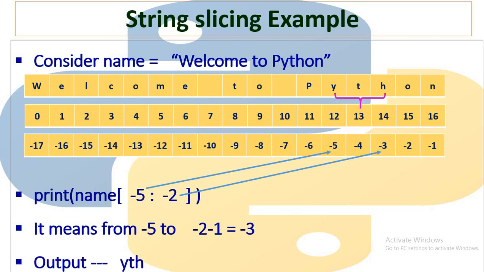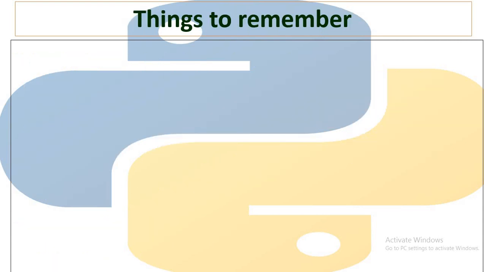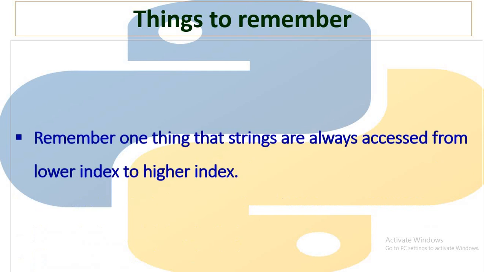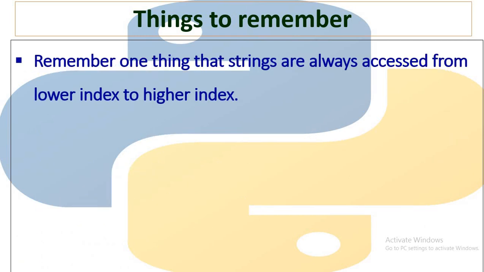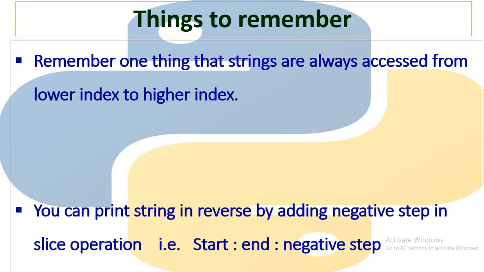I hope you understood slicing in a proper way. So you need to remember things. Strings are always accessed from lower index to higher index. So whenever you are going to mention start and end in string, remember that start should be lower and end should be higher.